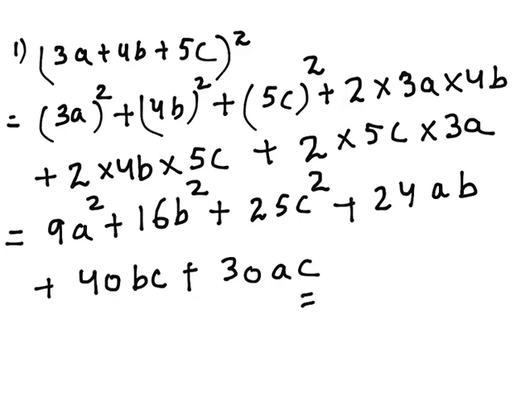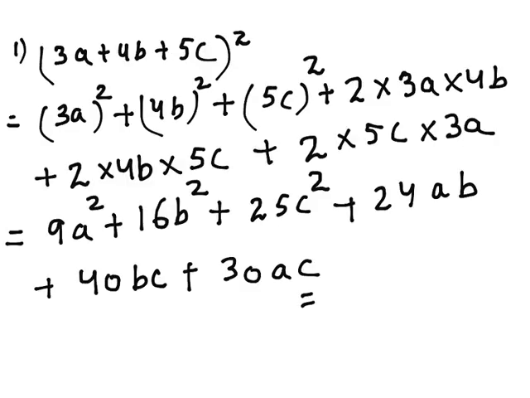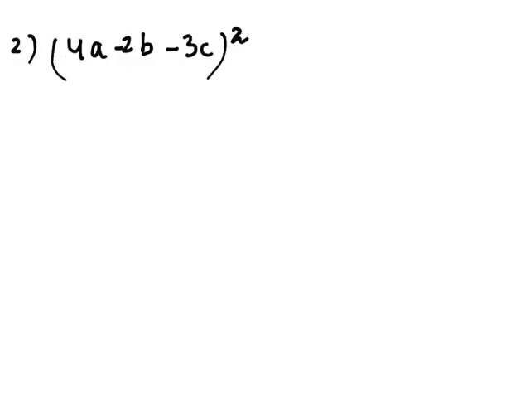As I told, we can have any negative term. So based on that, I am going to another example like (4a - 2b - 3c) whole square. So the formula will be the same like we expanded the previous one, but in this the sign will change accordingly.